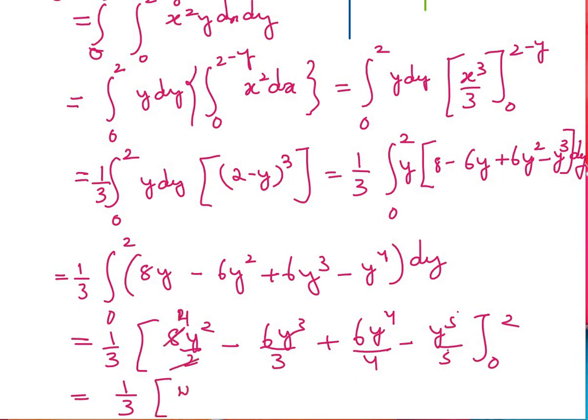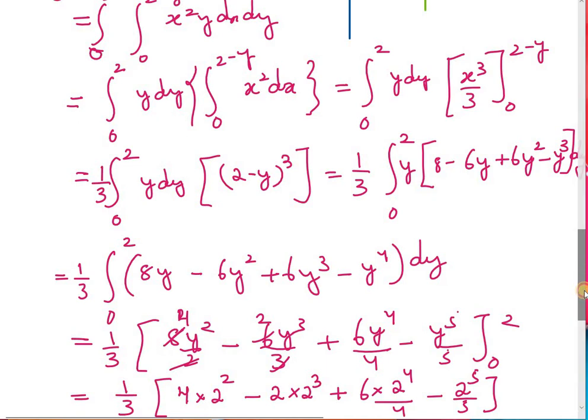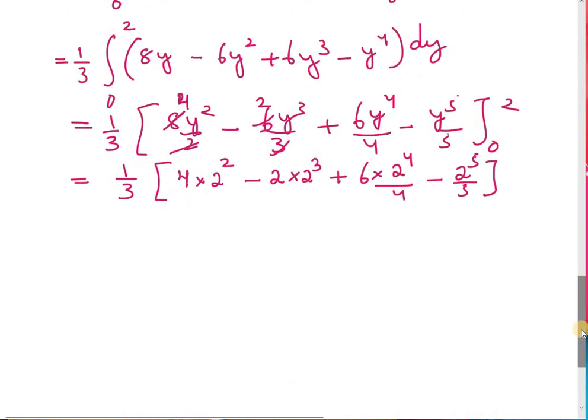So it will be 4 into, now replace y by 2, 2 square, then it will be 2 into 2 cube plus 6 into 2 to the power 4 by 4 minus 2 to the power 5 by 5. And the lower limit will be 0 only. So simplify this one and let us see what will be the final value of this.